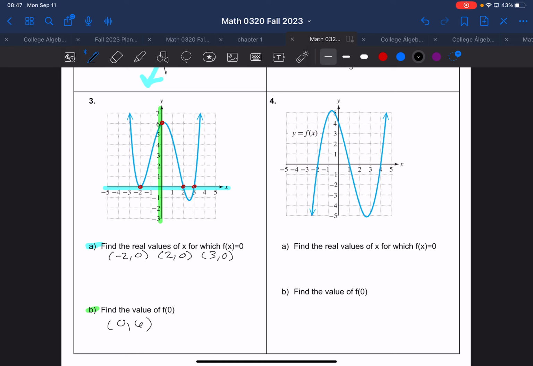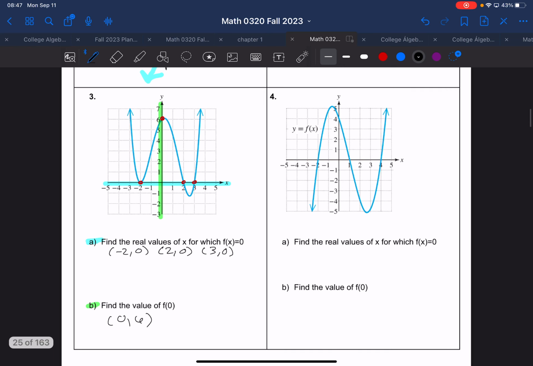Okay. So go ahead and take a moment, do number 4. Find the x-intercepts and find the y-intercepts and write them as a point.